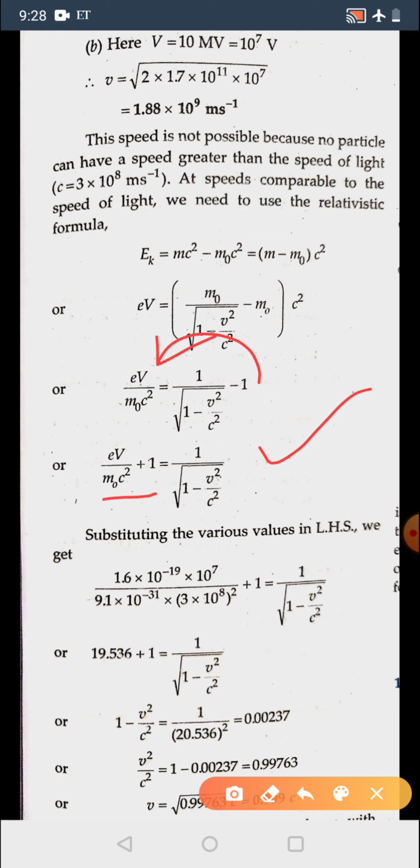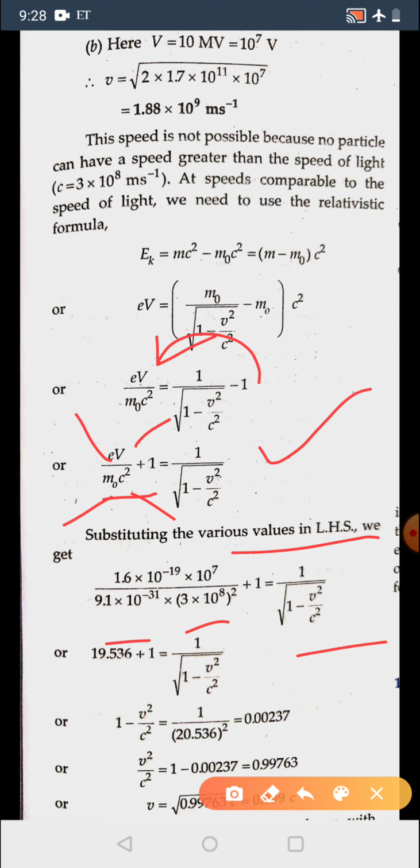Now substituting the various values on the left hand side, where e is the charge of the electron, V is the potential, m0 is the rest mass, and c square, you will get this much.